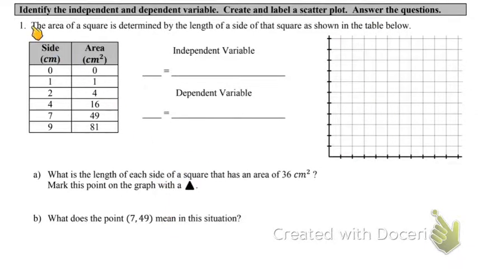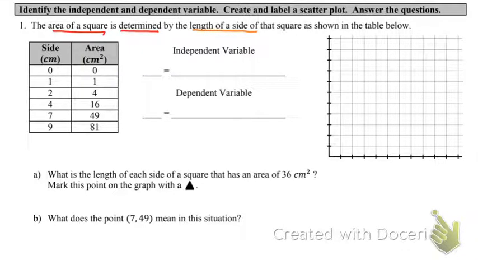Number 1 says the area of a square is determined by the length of a side of that square, as shown in the table below. So the key here is this idea: the area of the square is determined by the length of the side.